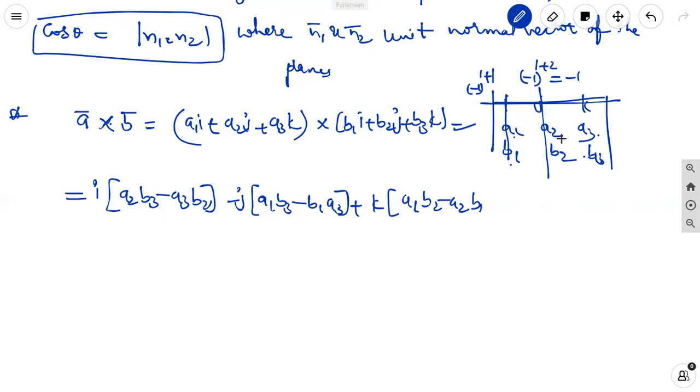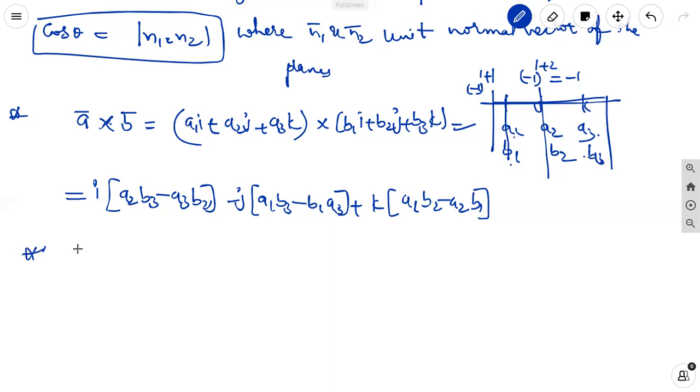For plus k, again we eliminate the corresponding row and column and take the minor matrix determinant. So this is the cross product of the two vectors.